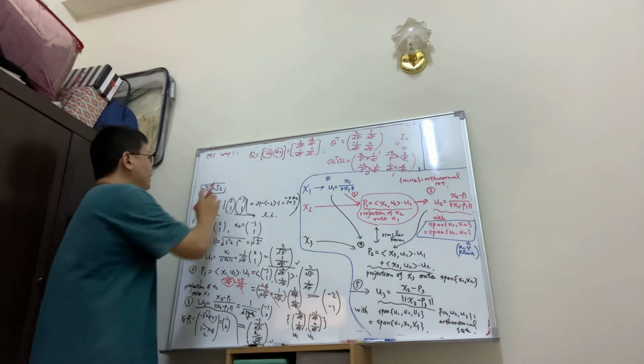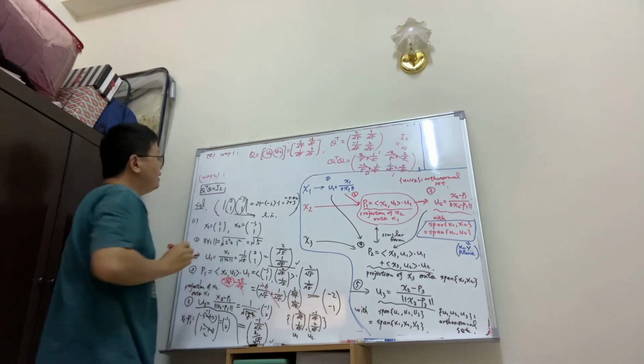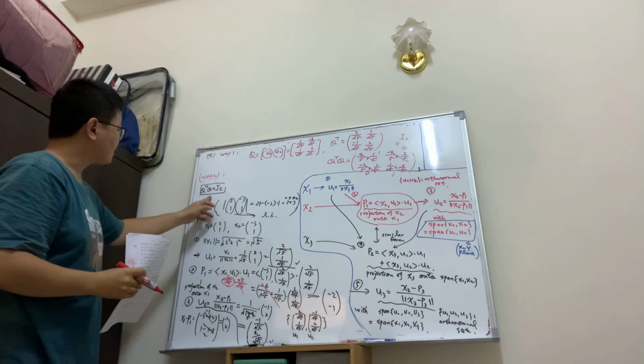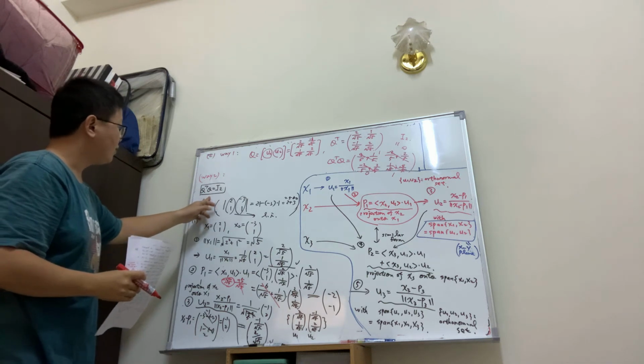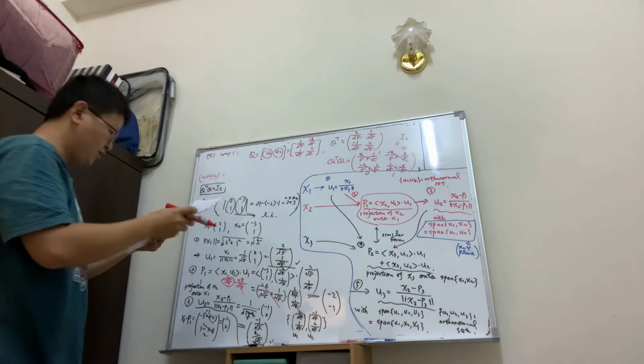And the second way, if we want to show that Q is an orthogonal matrix, just use the result in the previous section.